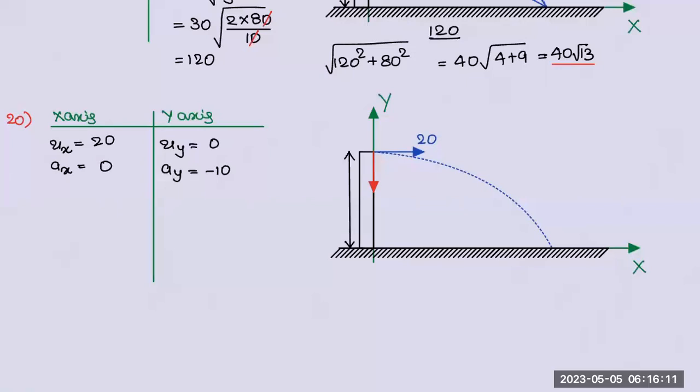Find the time after which velocity will be 45 degrees below horizontal. So you have to feel it. After some time, I don't know how much time it is, the particle will be here. At this moment, the velocity will be definitely like this. And they're asking this velocity is 45 degrees below horizontal.